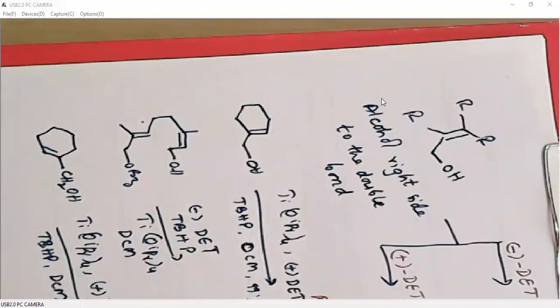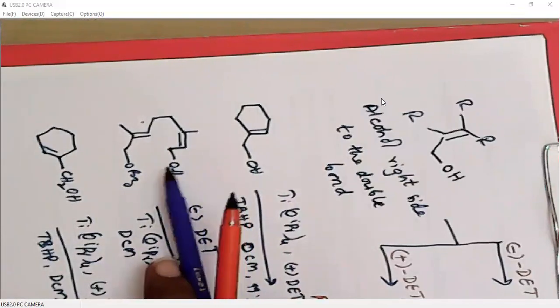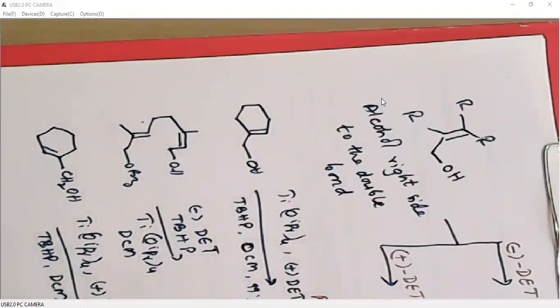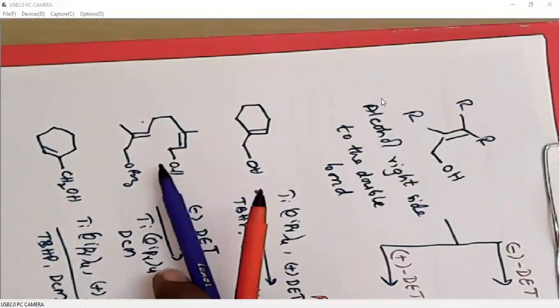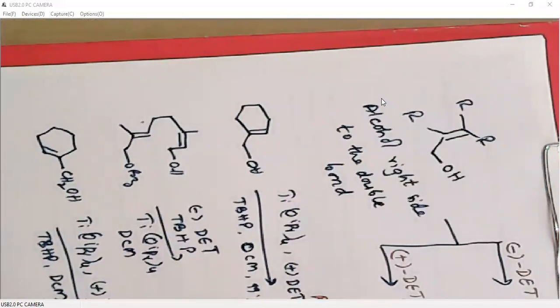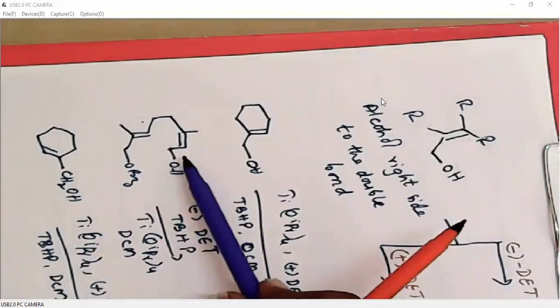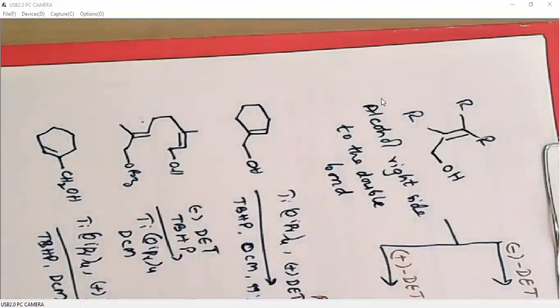Don't do anything. The double bond is vertical. Now we can easily predict whether the alcohol is on the left side or right side. The alcohol is on the left side. That means we need to have reverse products. If the alcohol is on the right side, minus DET will give above the plane. Since the alcohol is on the left side, minus DET will give below the plane. So that is what we need to get.